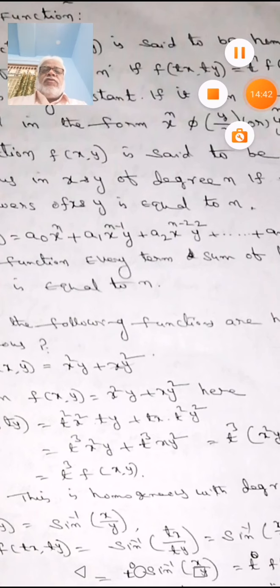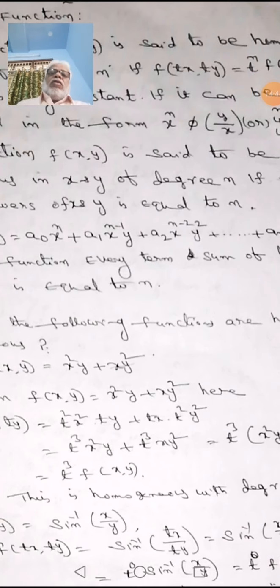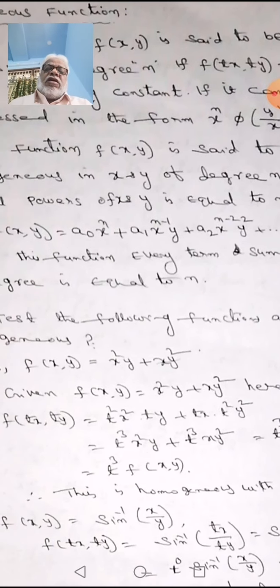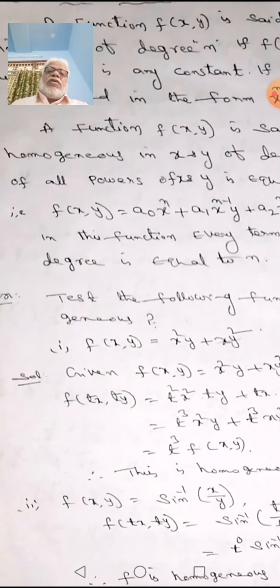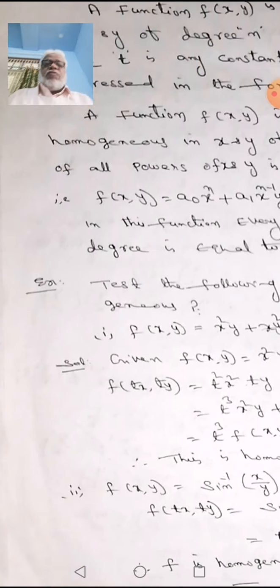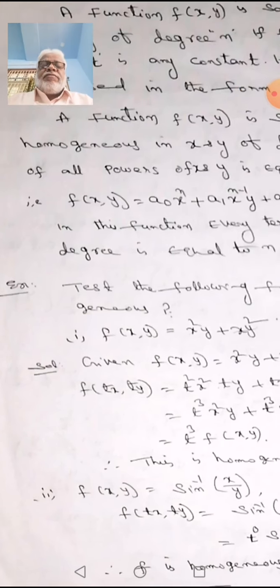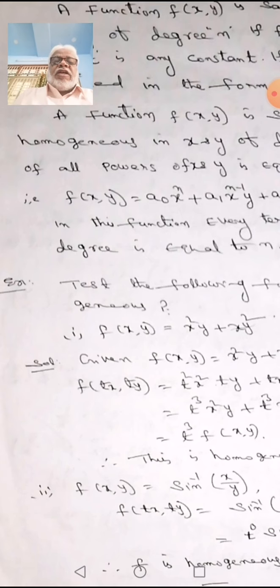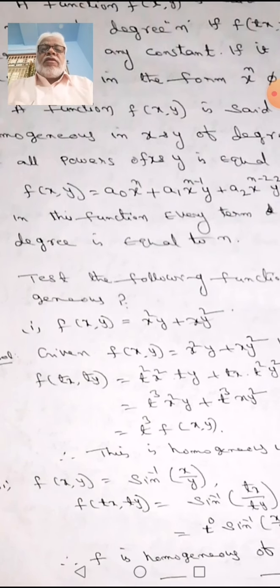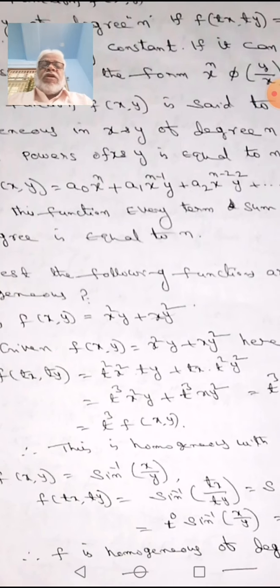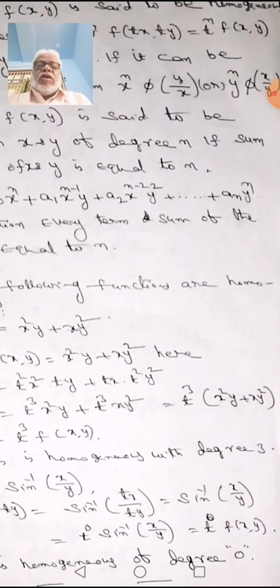Suppose every term has the same total power in x and y, then that is called a homogeneous equation. See one example, f of xy is equal to a naught x power n plus a1 x power n minus 1 y plus a2 x power n minus 2 y square, and so on, up to an y power n.